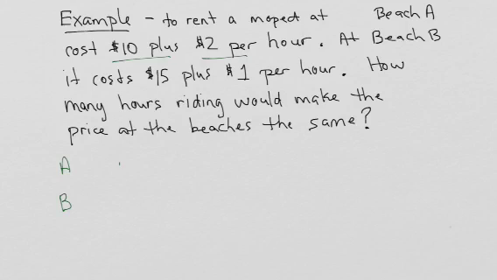So in part A, y equals, well again I don't know the total, but I do know that for beach A, it costs $10 to start, plus $2x per hour. Now that might look backwards to you. If you would prefer that to look like slope-intercept form, the 2x would come first and the 10 would come last, but same idea.